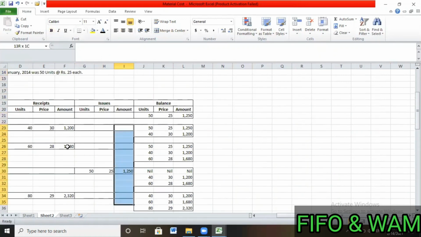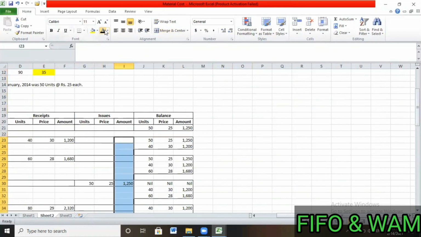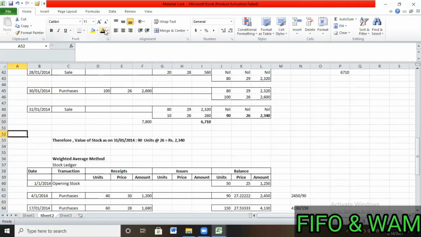In case of issue, you calculate, add up all of this, and you directly get 6710 as a total. So this is the cross check, 6710. Therefore, the value of stock on 31st January 2014 is 90 units.